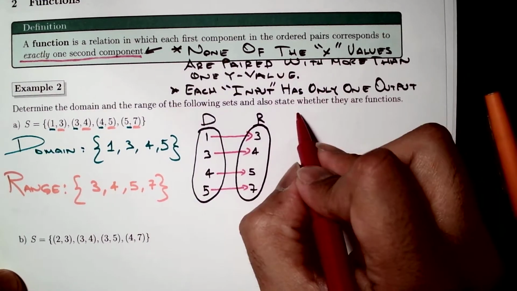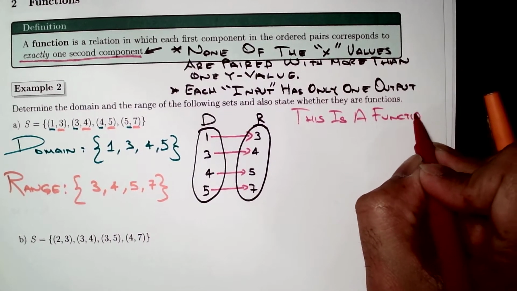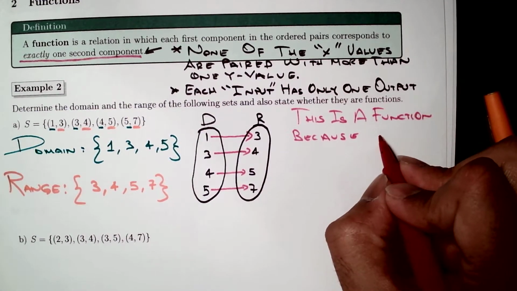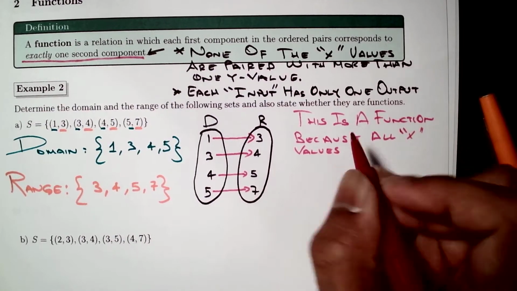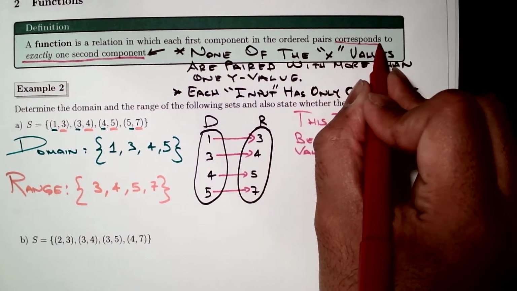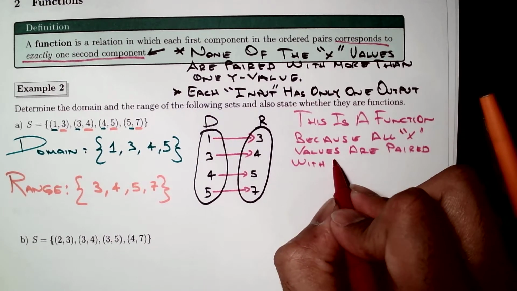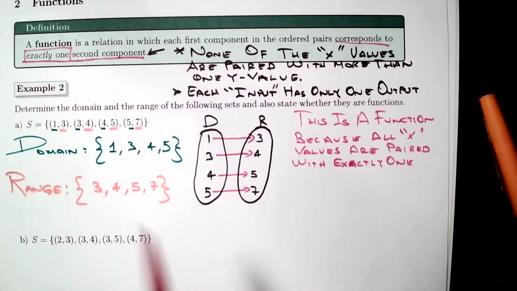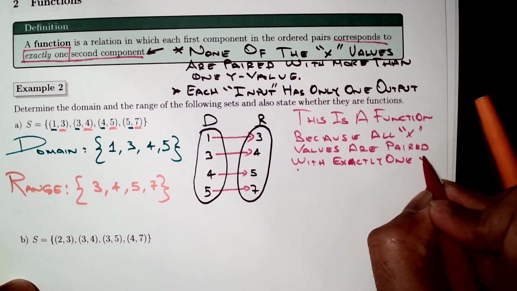So in this case, our conclusion is that this is a function, because all x values are paired, or correspond from the definition, with exactly 1 y.